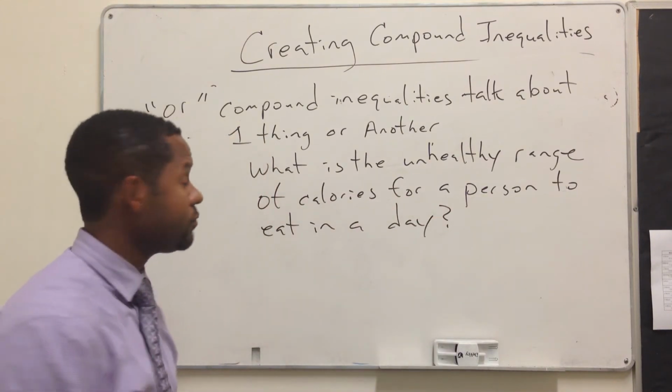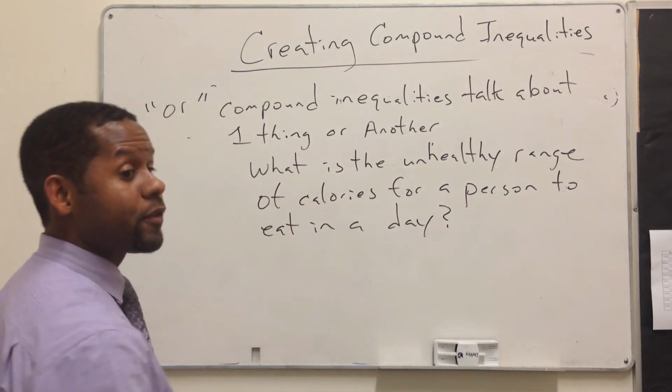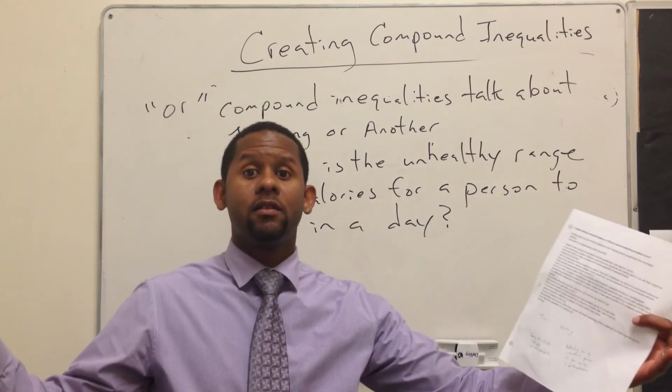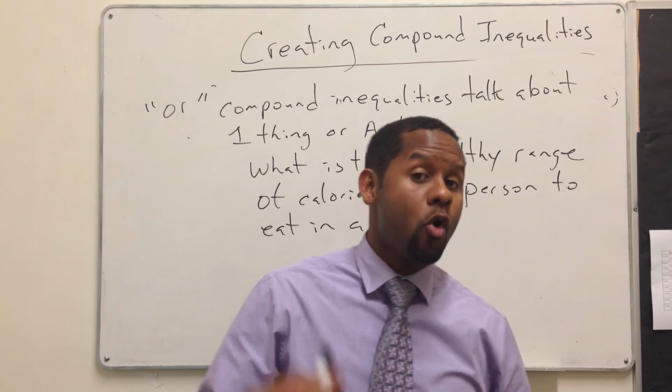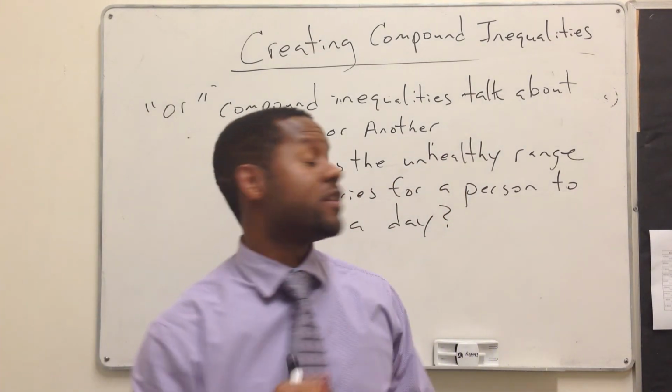Well, we just wrote down that healthy was 1,400 to 2,800. So unhealthy is if I eat either less than 1,400 or I eat more than 2,800.